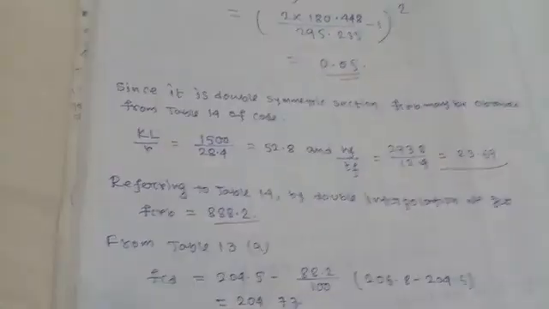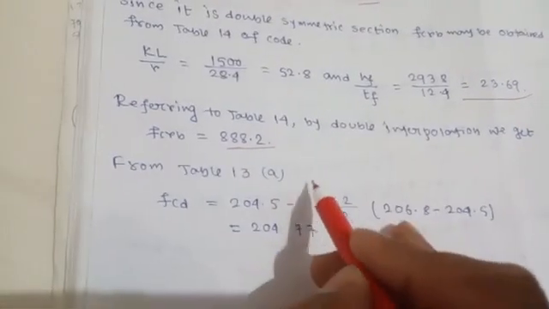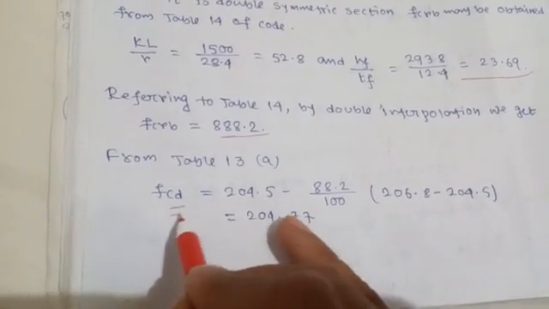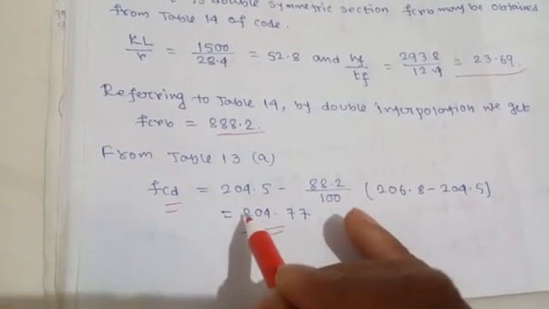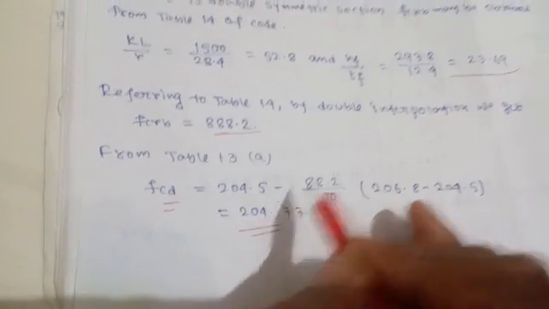Fcr is 888.2. From table 13a of our code, putting in the value, we get Fcd as 204.77.